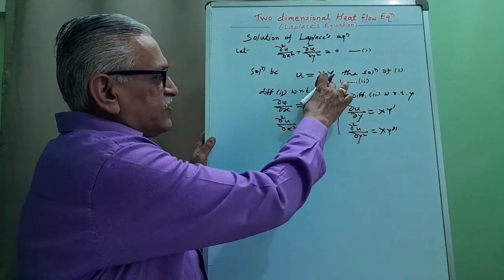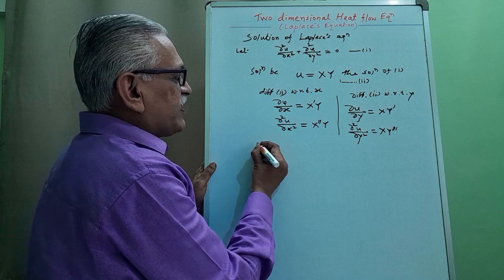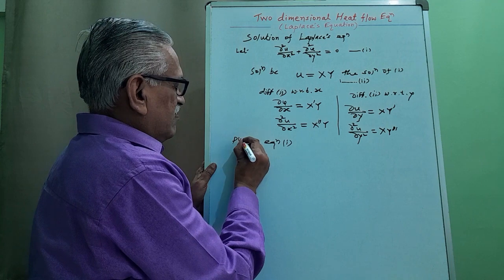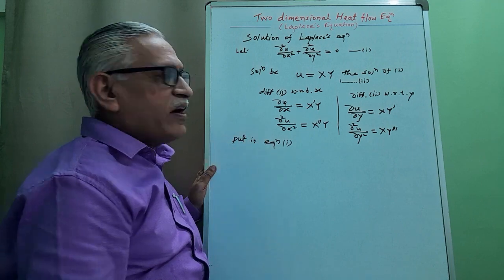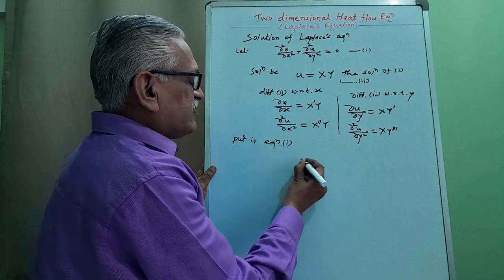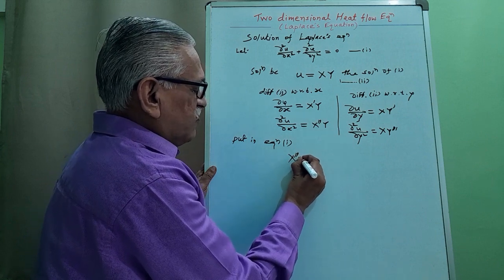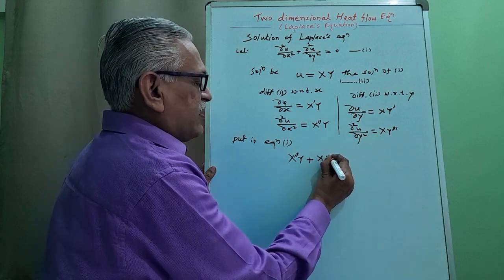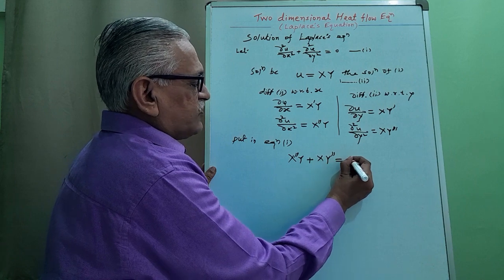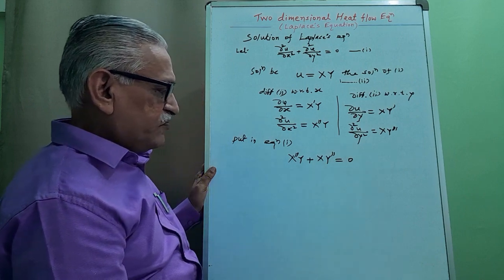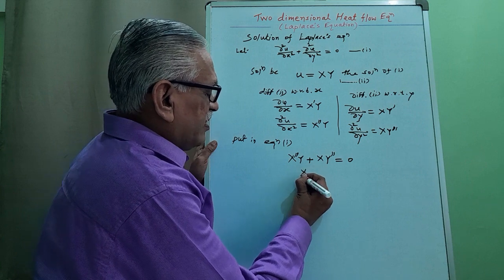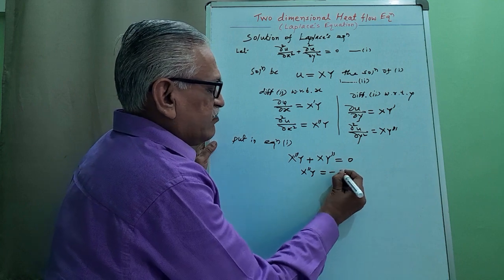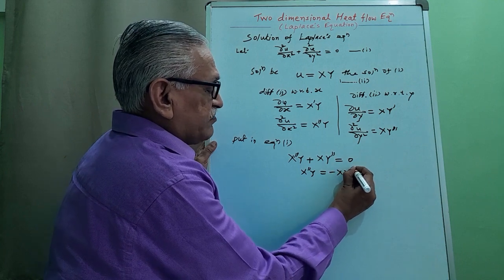Substituting these two values in equation 1, we get X double dash into Y plus X Y double dash equals 0. Transferring this term to the right hand side, we get X double dash Y equals minus X Y double dash.